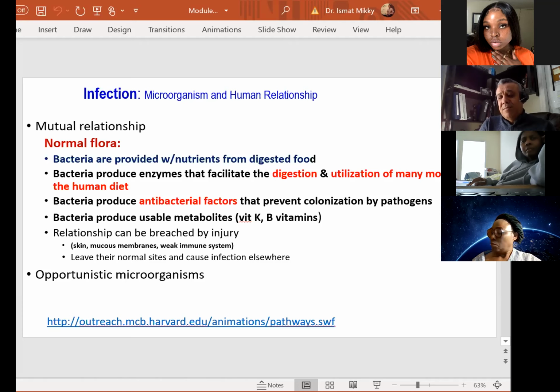But when the immune system is incompetent and weak, that's when these microorganisms become harmful.